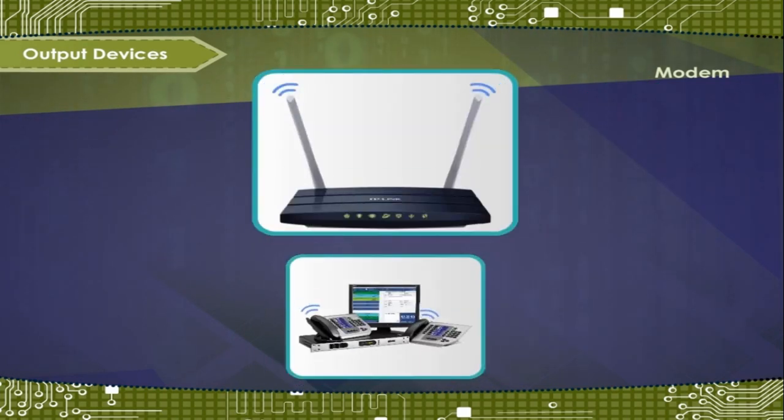The word modem is derived from a combination of the words modulator, which changes digital signals into analog signals, and demodulator, which converts an analog signal to a digital signal at the receiving computer.